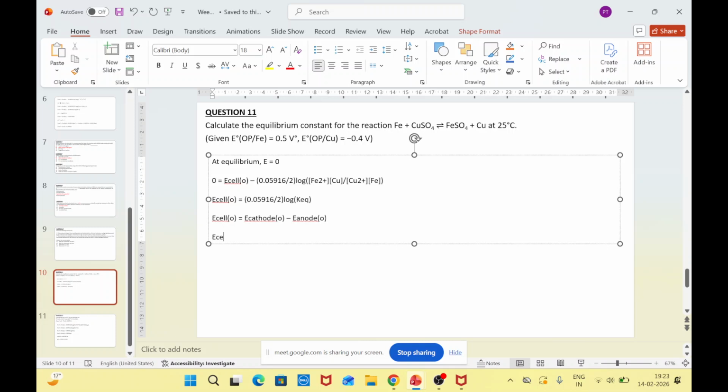So E cell naught is E cathode, which is minus 0.4, minus E anode, which is 0.5. So this will be minus 0.9 volt.